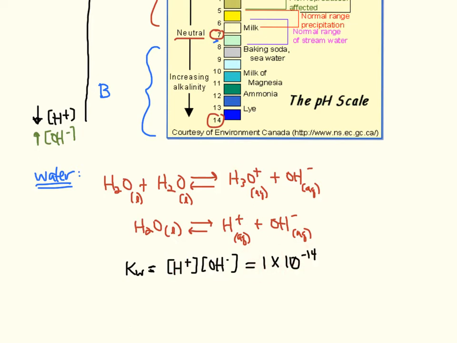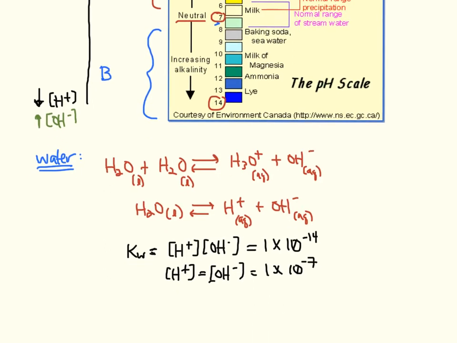So if I took the square root of 1 times 10 to the negative 14, what that means is that your hydrogen ion concentration and your hydroxide ion concentration, if they're equal, then each one equals 1 times 10 to the negative 7.